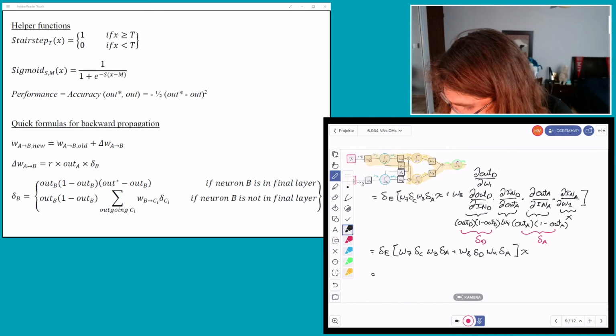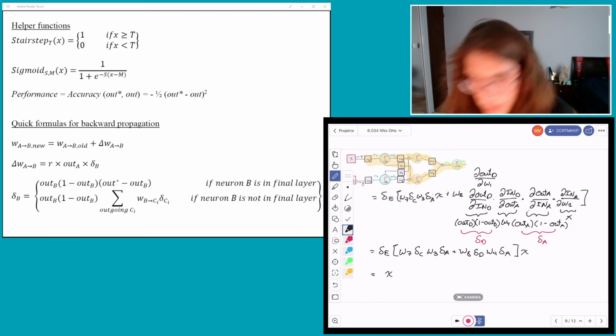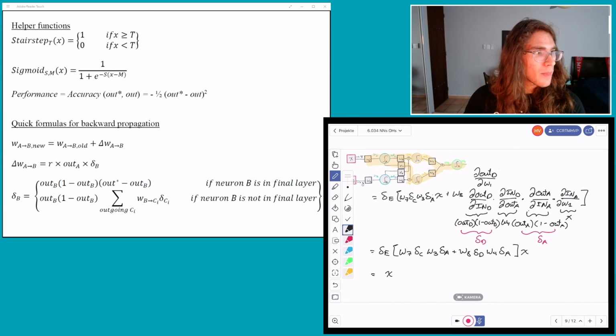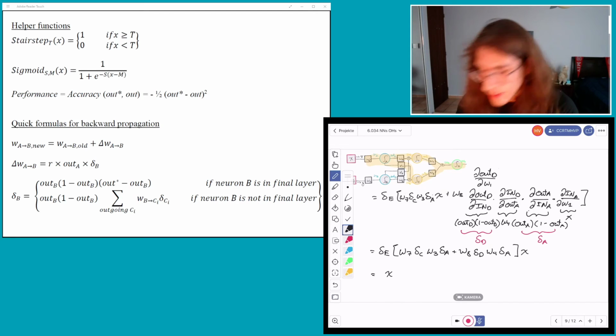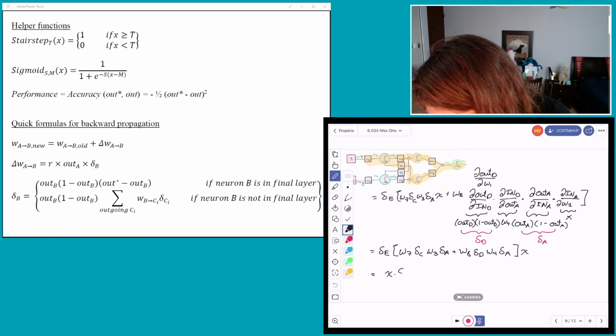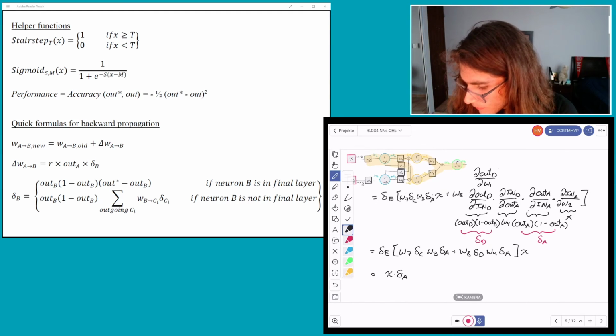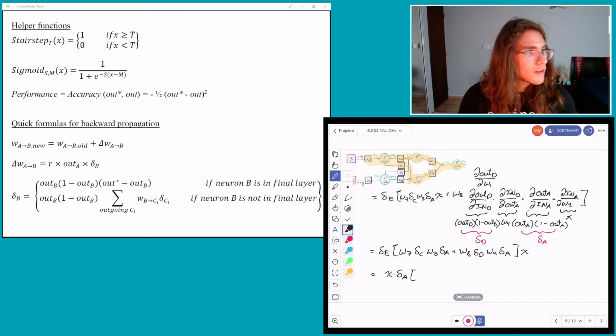So I'm going to move this around and say this is X times delta A, which is the first node that comes after X.